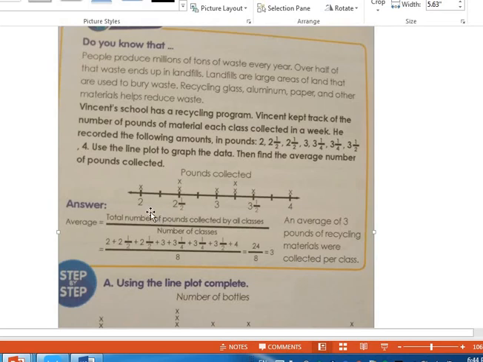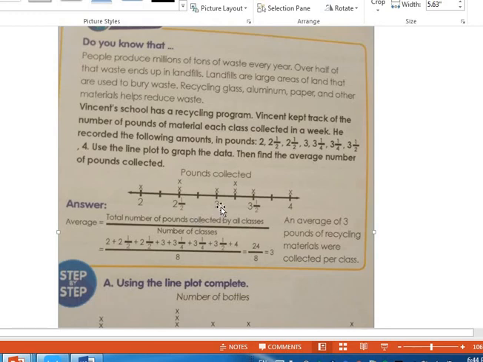So how many 2s appear here? Just one time. Then 2.5. How many times does 2.5 appear here? 1 and 2. So I'll draw here 2 x's above 2.5 because it appears 2 times.